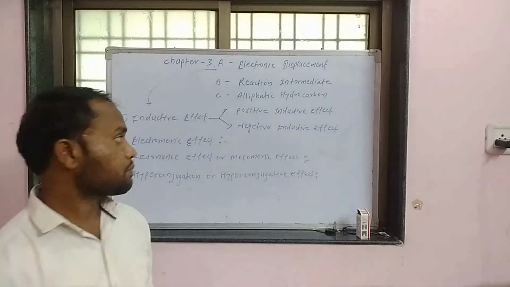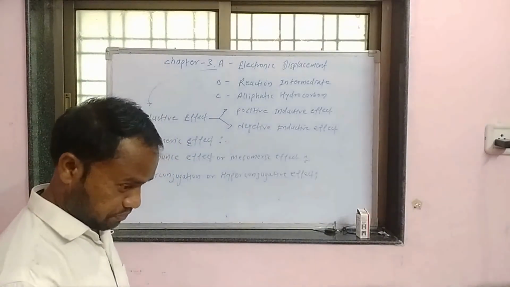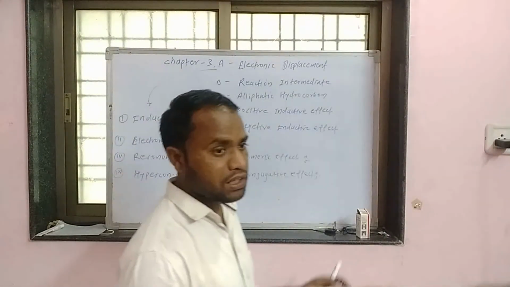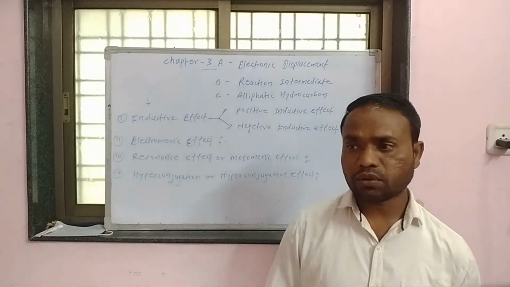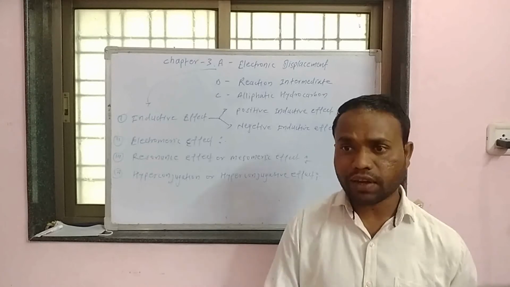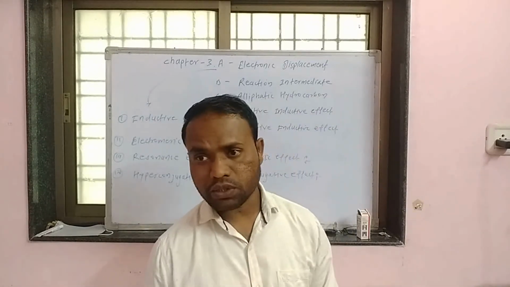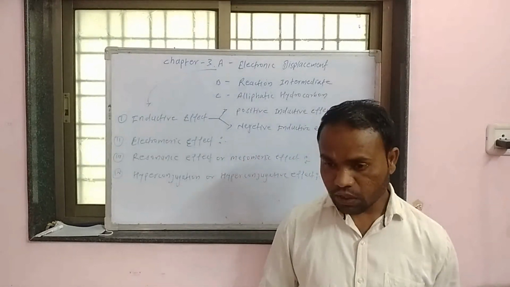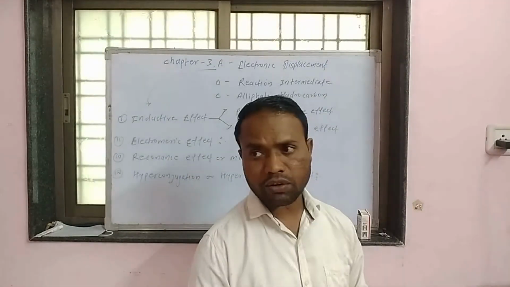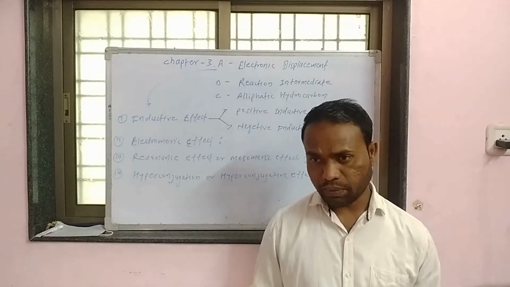These electronic displacements in a molecule may be due to a permanent effect or a temporary effect. Permanent effects are the inductive effect and the resonance effect. Others are temporary effects, such as the electromeric effect.